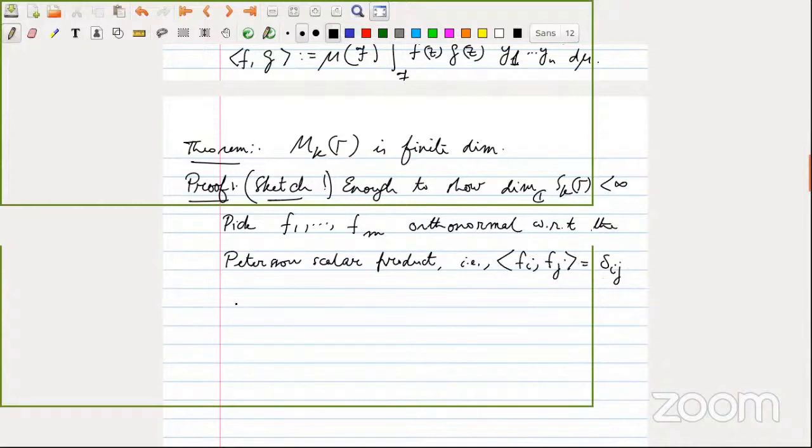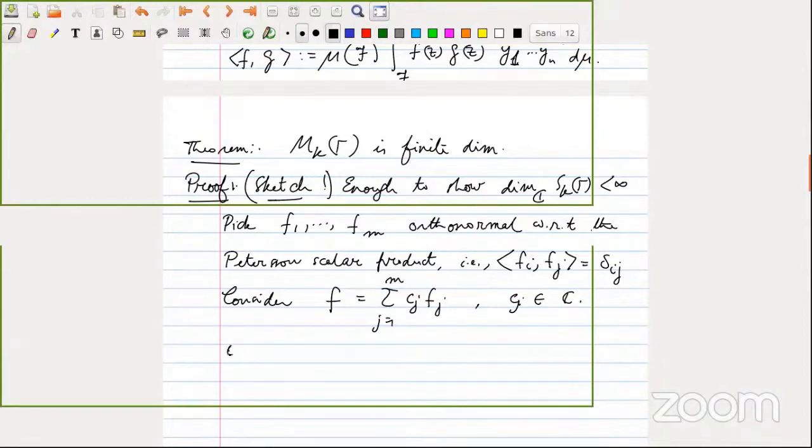Then we consider an arbitrary sum, the summation of c_j f_j, j running from 1 to m, where the c_j come from C. Now we use this comparison of the two norms, which is one of the lemmas which I've stated. Then I'm going to use this.